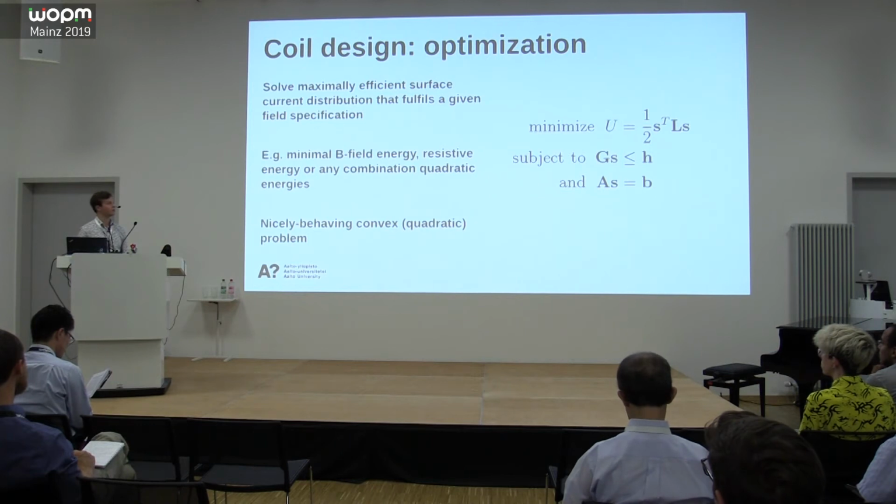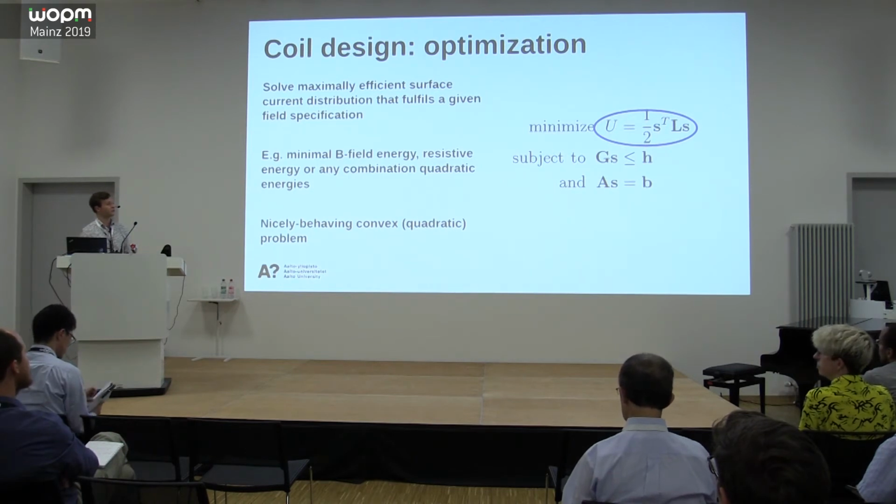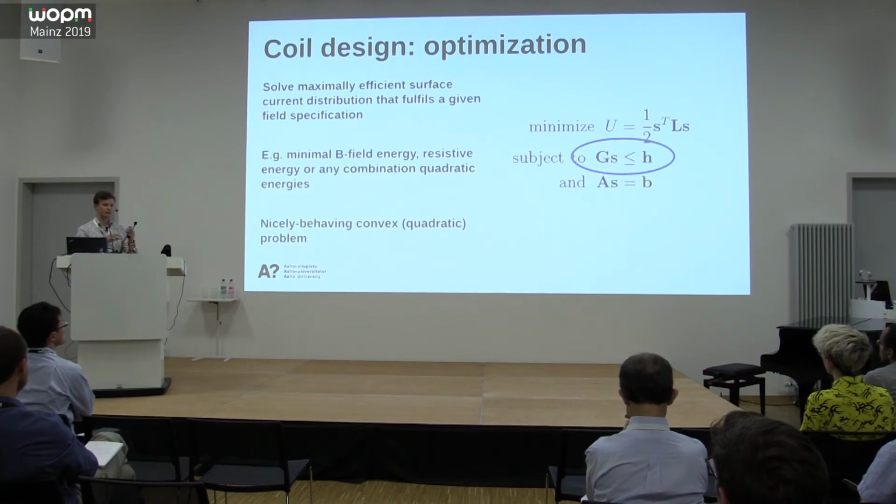So in the case of minimum field power, you have here the equation for energy in the inductors. You have the surface current density, the scalar part of it, and then the inductance matrix, and we want to minimize that. We have some constraints, and if you remember, the coupling matrix times this S equals the B field, so with some shuffling around of dimensions and so on, we can put here the field specification and error tolerances that we want.